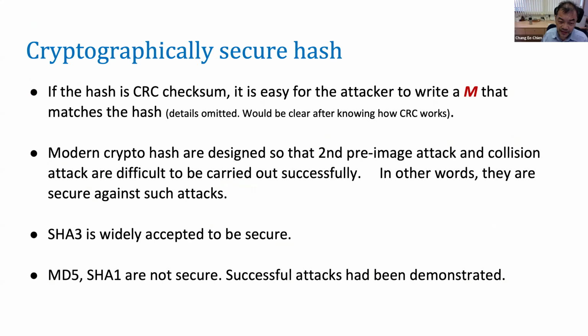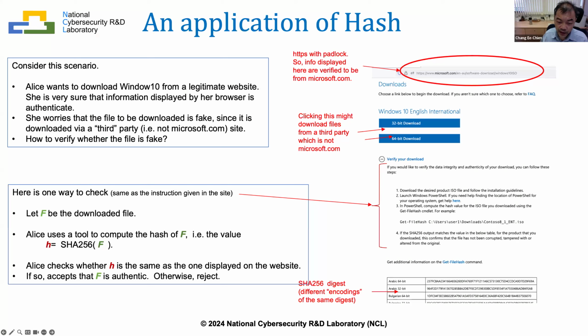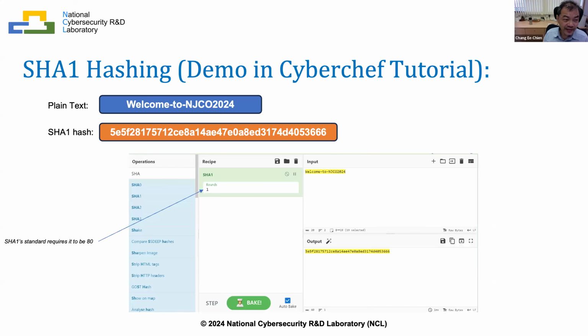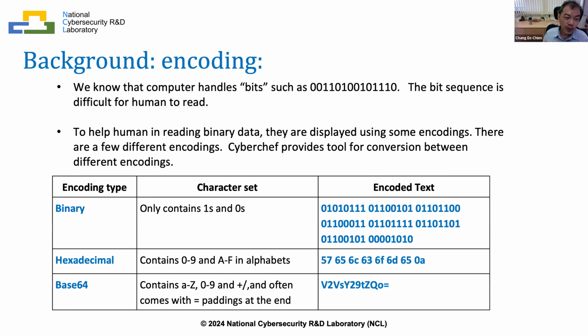Imagine that in this website, we have to list down 256 0s and 1s. So it's very difficult for Alice to verify it. Because of that, we typically rewrite it, transform it to another form, so as to help humans read the binary value. We call this encoding.